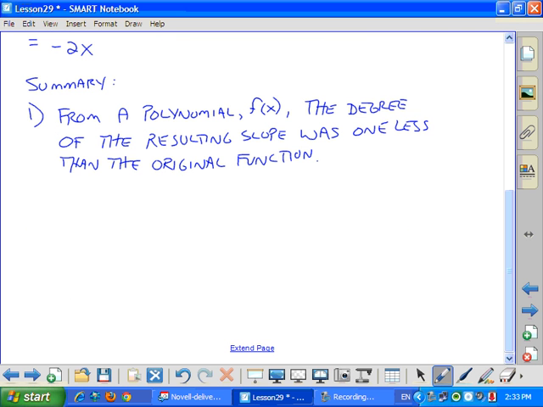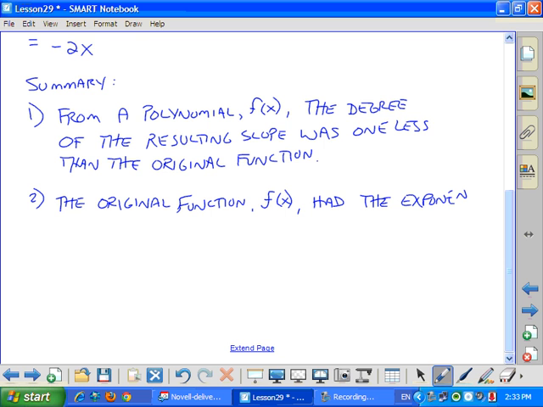And the second one, the original function f of x, had the exponent on each variable multiplying the coefficient.